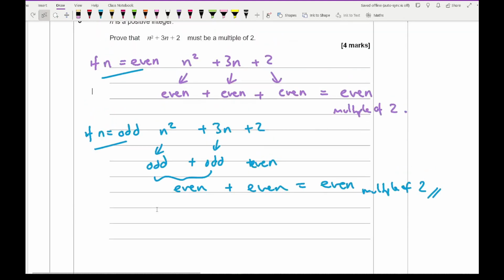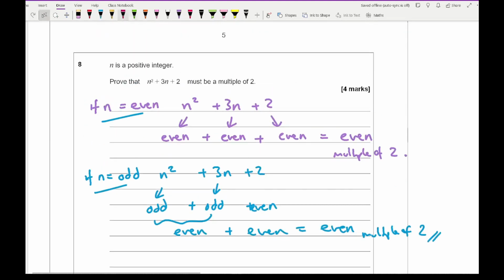Alternatively, what you could have also done is recognized and factorized this as (n plus 2)(n plus 1). Now these two things here are basically two consecutive numbers being multiplied.